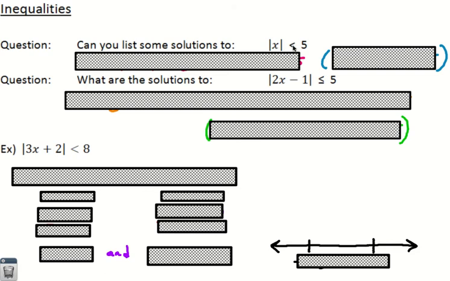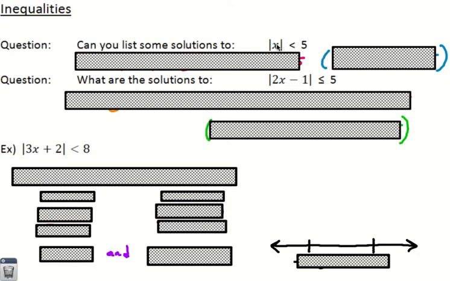Specifically, the less than type first. So here's a basic starting example. What if it was the absolute value of x being less than 5? What kinds of numbers would fill in for the x to make sense? Like the absolute value of what would be less than 5?